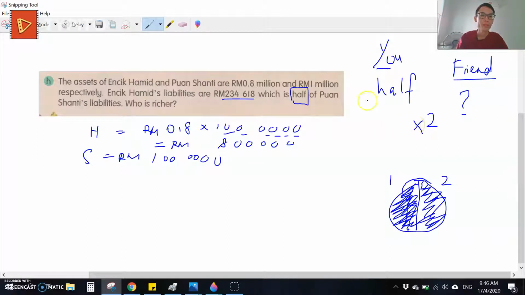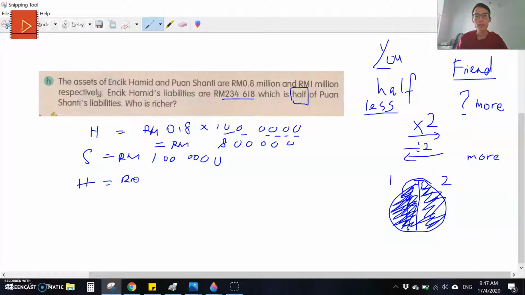So if you have lesser, your friend has more, you have to times 2 to find out how much your friend has. But if you have more and your friend has less, then you need to divide 2. Your friend has half of what you have, then you need to divide 2 to find out how much your friend has.